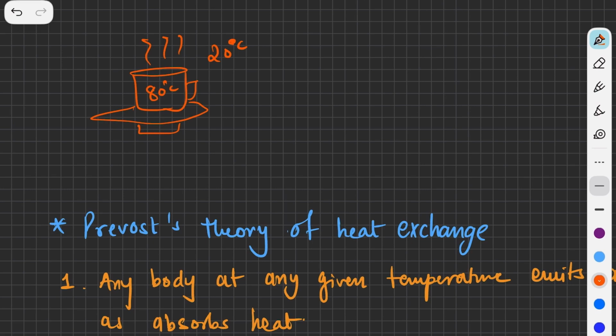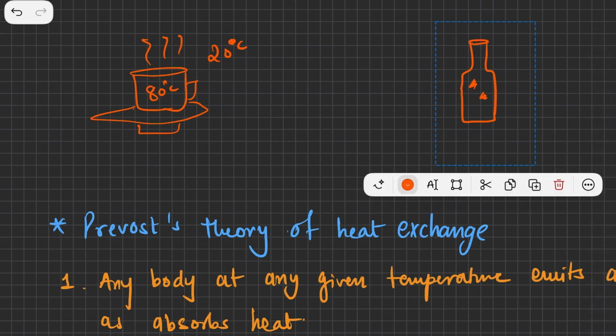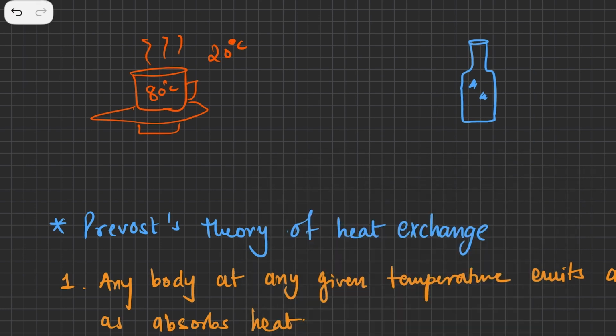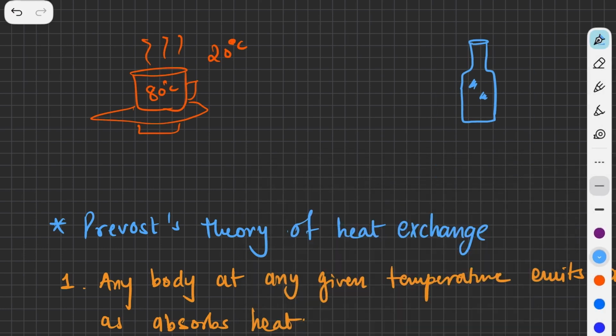And maybe we can also have this ice cold bottle. If you have been following my initial videos, this example was common. Let's say there is ice in this, and the temperature of the ice is 0 degrees Celsius and the surrounding temperature is 20 degrees Celsius.